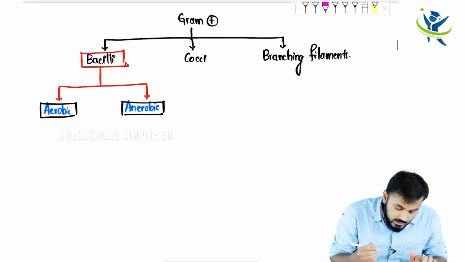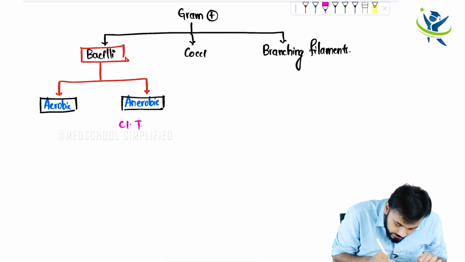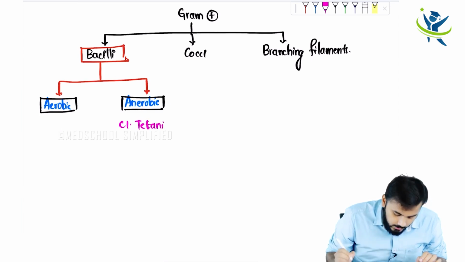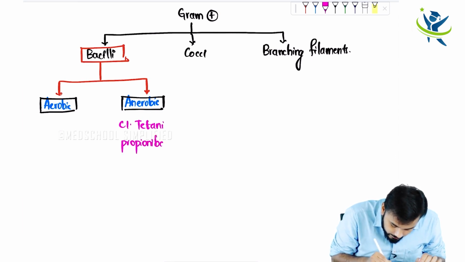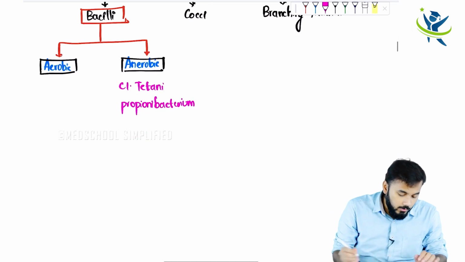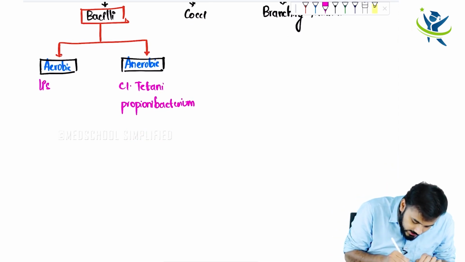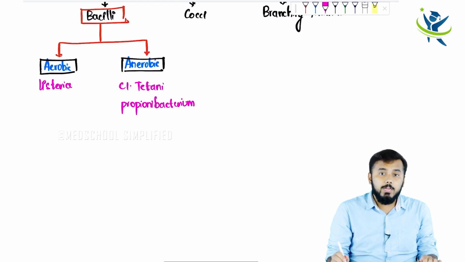The first example in the anaerobic group, as we are discussing, is Clostridium tetani. Not only Clostridium tetani, there is also another bacteria called Propionibacterium. When it comes to the aerobic group, one is Listeria, that is Listeria monocytogenes.